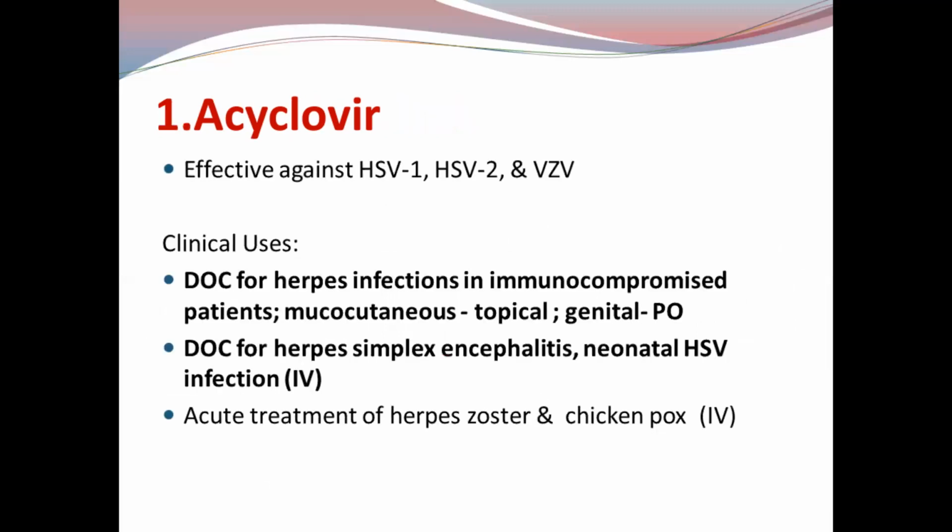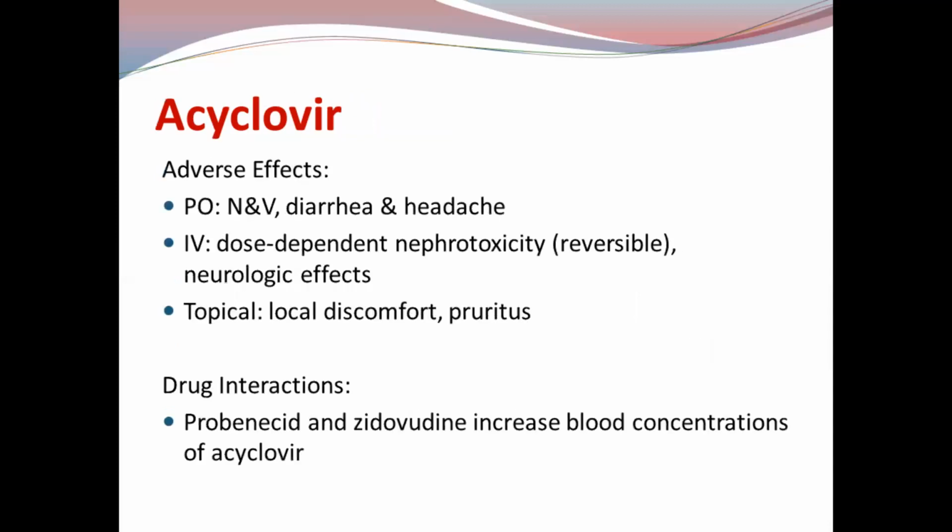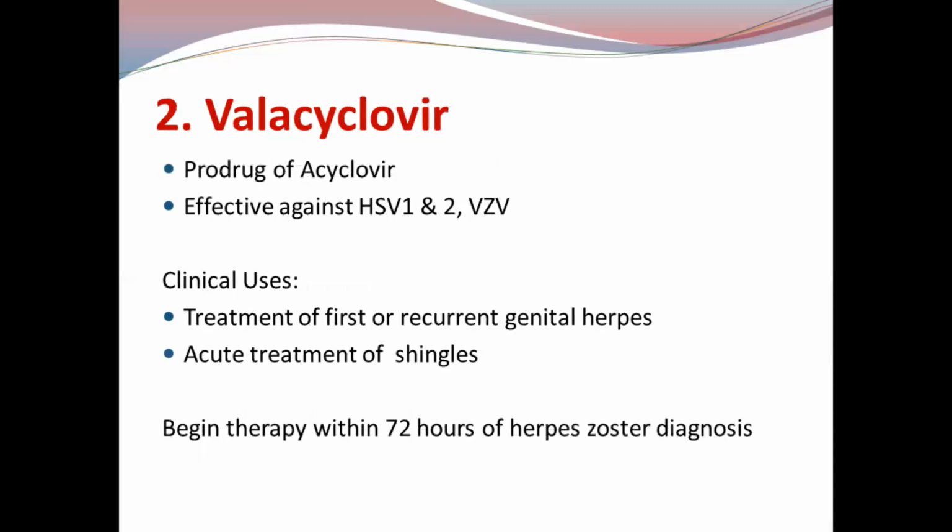So this is the drug of choice for herpes infection, mucocutaneous and genital herpes, and for herpes simplex encephalitis. Also for neonatal HSV infection. Basta HSV, acyclovir yan. Okay? So yan yung mga usual drug interaction and adverse effect.